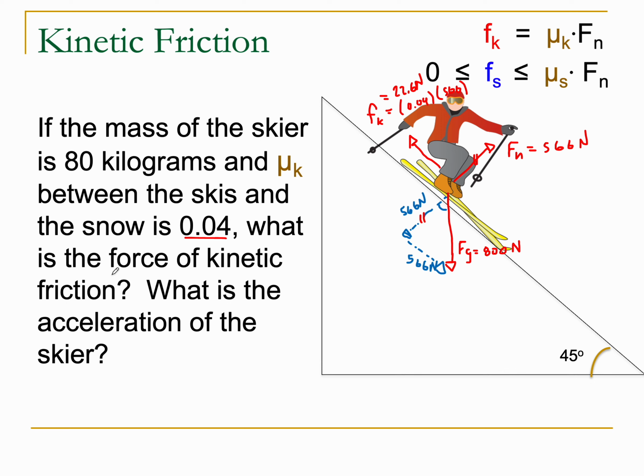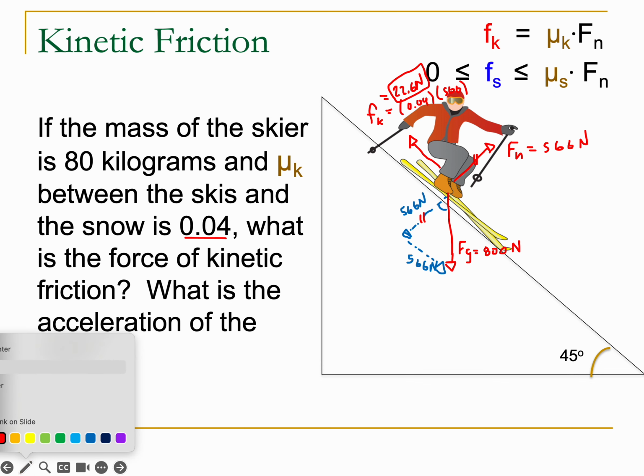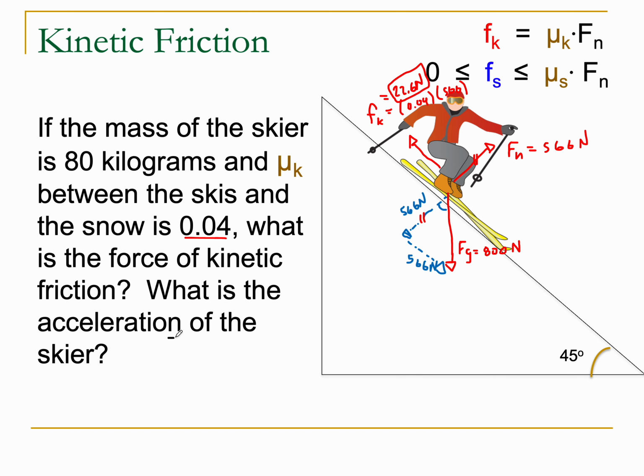And so we answered the part here, what's the force of kinetic friction? It's this. And then there's a second part of this one. What's the acceleration of the skier? Well, now we can actually solve F net equals ma. You've got a component of gravity that's trying to accelerate the skier down the slope, but you also have the force of friction that's opposing that.